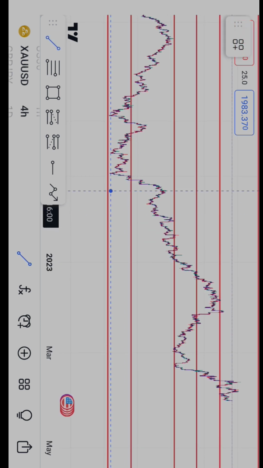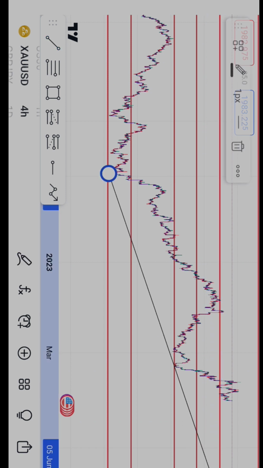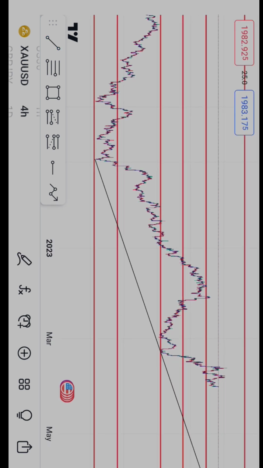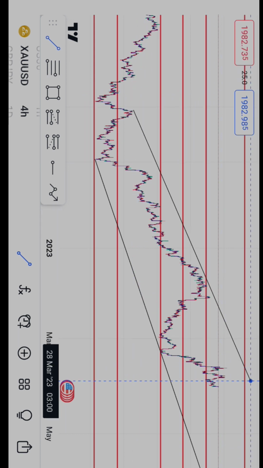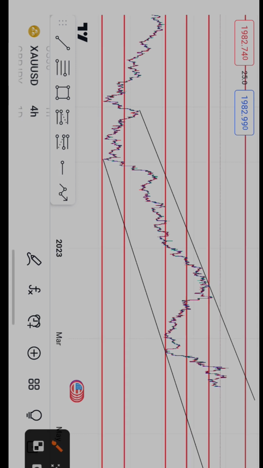I don't think I have to draw it, but for the sake of this video, I am going to draw it. Here's my uptrend. We are in an uptrend. Why are we in an uptrend? I will show y'all now why we are in an uptrend. We have, let me just do this. Let me quickly just do this.